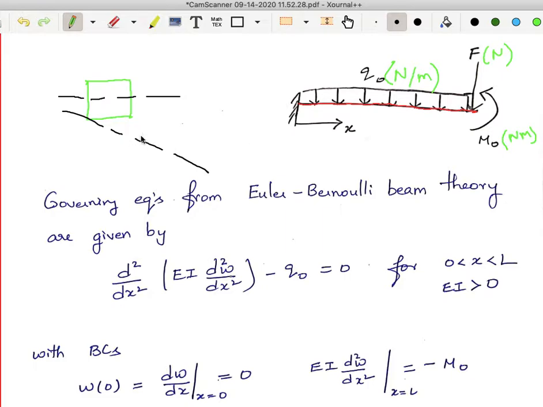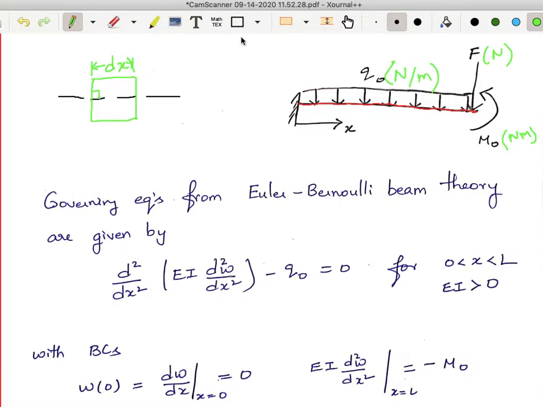As far as the section is concerned, sorry, I didn't draw this correctly. Let me redraw. So this is a section of the beam, not the whole beam. The dashed line is the neutral axis. Let us say the length from here to here is dx.